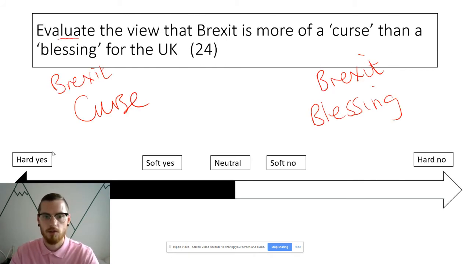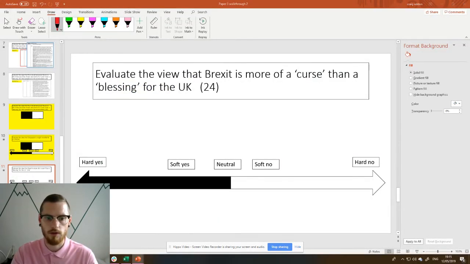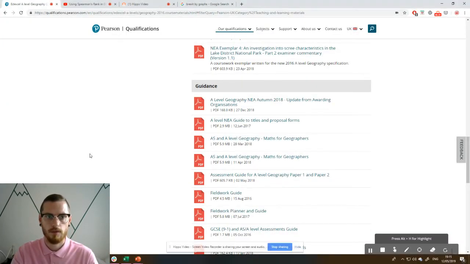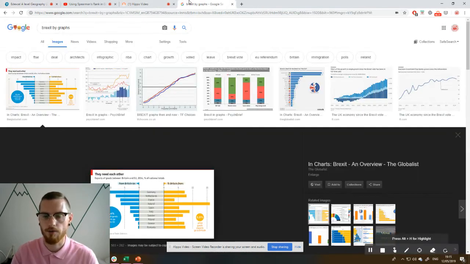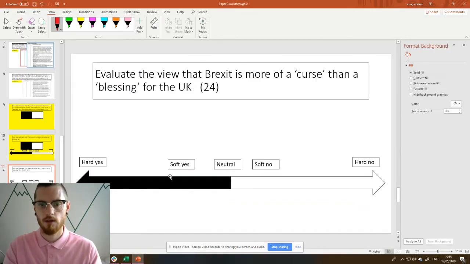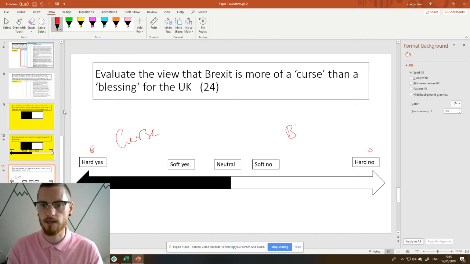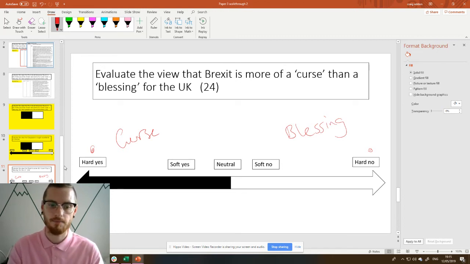This can be shown, if I just come off this, and I did a quick Google earlier, and here, right? So when I'm looking at that spectrum, just flick back to it, that spectrum from hard yes to hard no, from the fact that some people would see it as a curse and some would see it as a blessing, but not everyone would say exactly the same or to the same extent, okay?